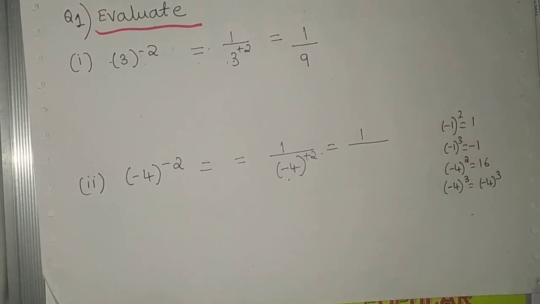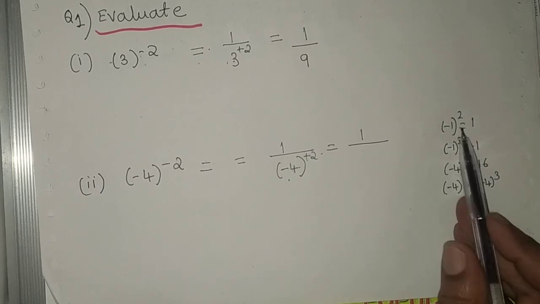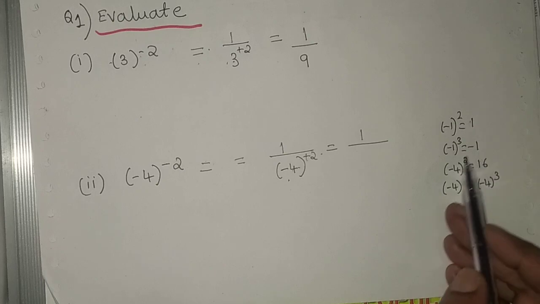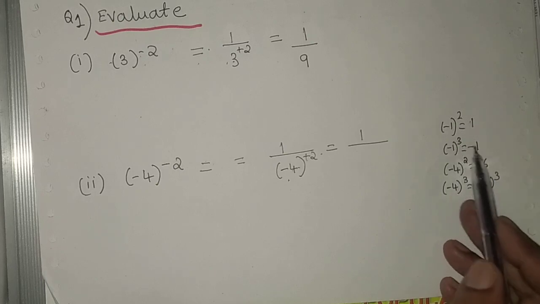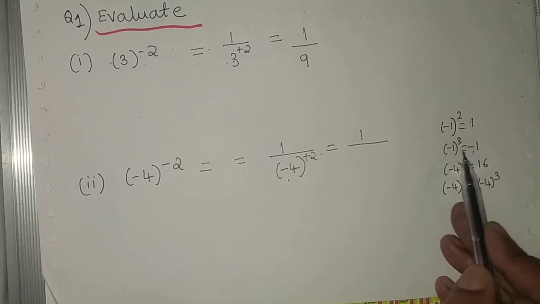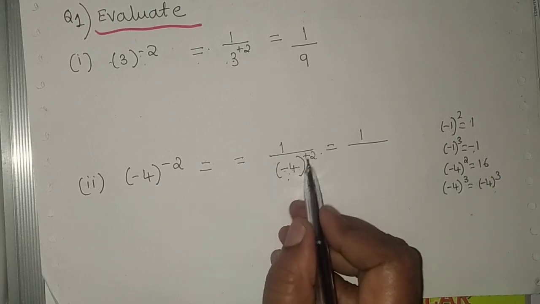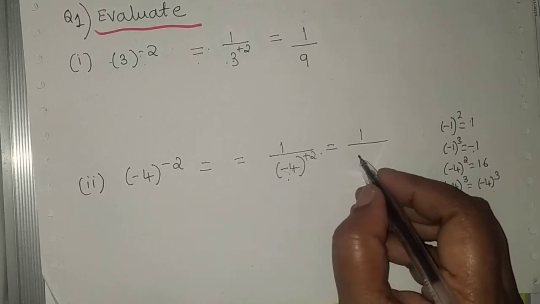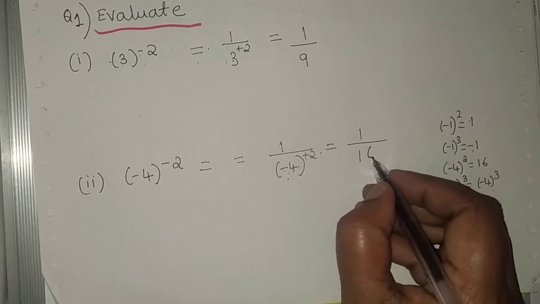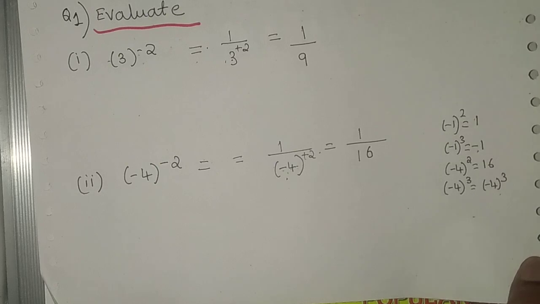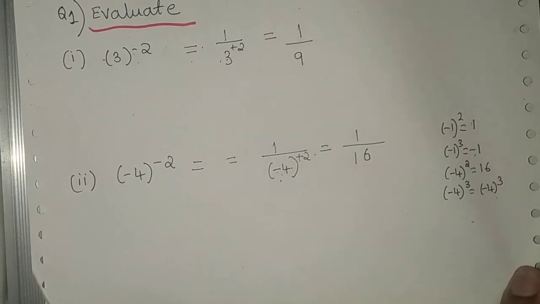Whenever the power is even, we get the plus sign. Whenever the power is odd, the minus remains as it is. Here we square this number, so this minus doesn't matter. We'll get 1 by 16. So this is the second problem.